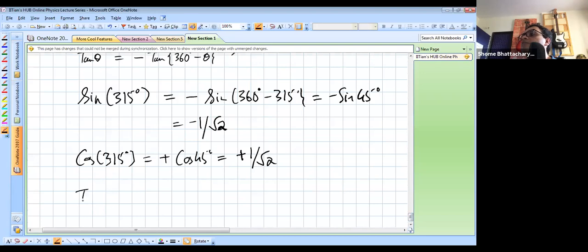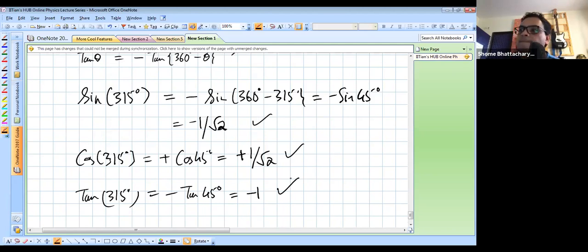Whereas tan of 315 will again become minus of tan 45. So it will become minus 1. So sine is minus 1 by root 2, cos is plus 1 by root 2, and tan is minus 1. So these are our final answers. All right, so just complete this question and we will continue ahead.